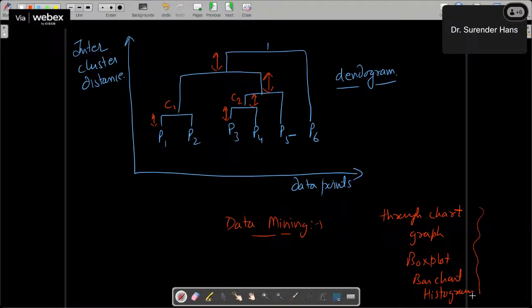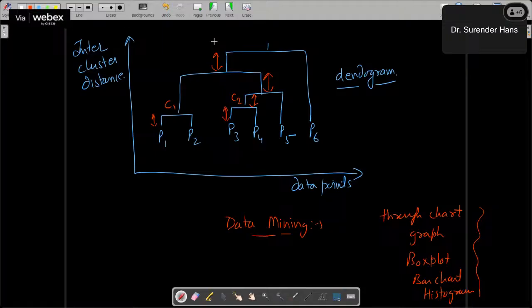So if we use machine learning in this data analysis, that is data mining. Most of the time we never use machine learning here in data analysis, but if we use machine learning in data analysis, that is data mining.